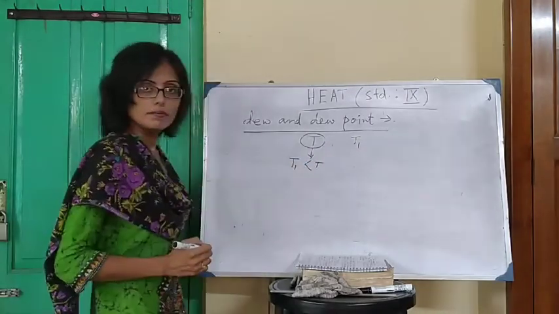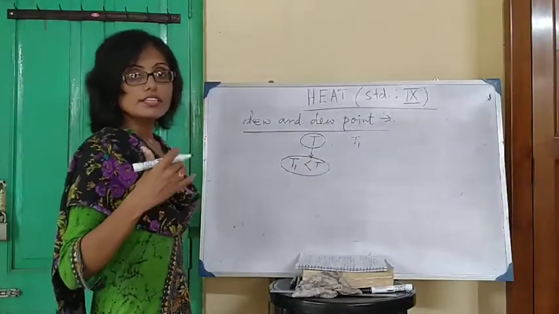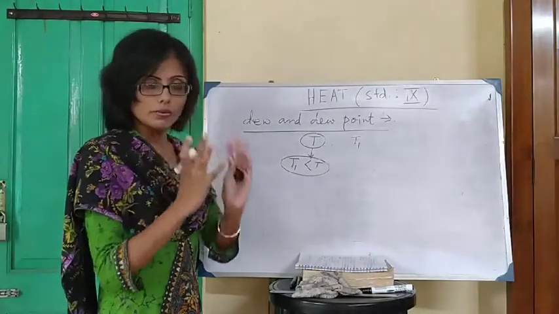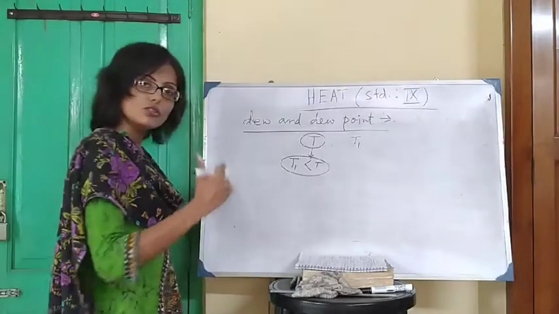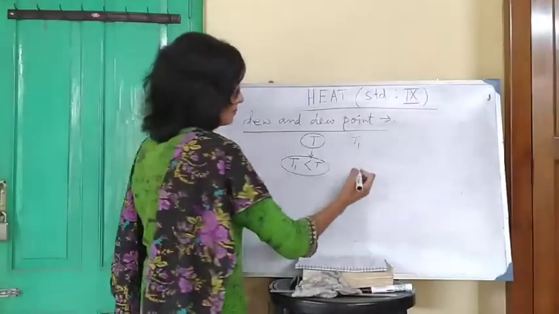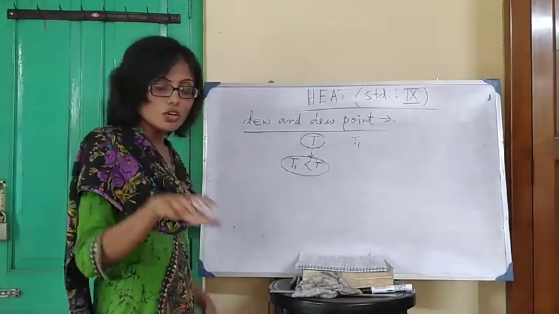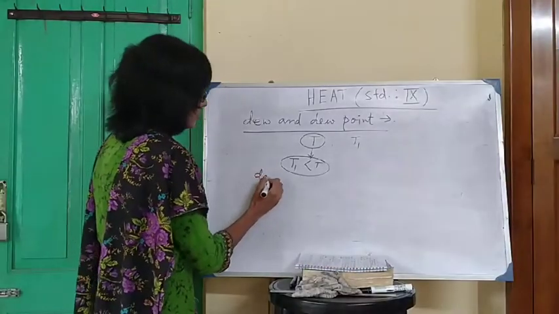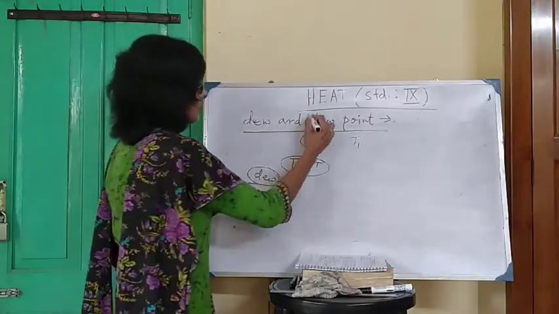If we decrease the temperature, then the capability of air to hold the vapor in that particular volume is also decreased. The excess condensed water will be deposited on the grass or near the surface of the earth, that is called dew, and the temperature at which dew is formed is called dew point.